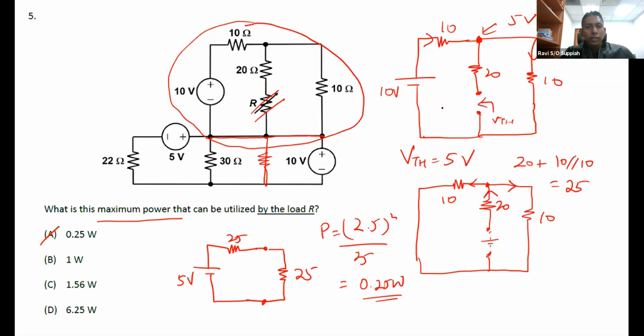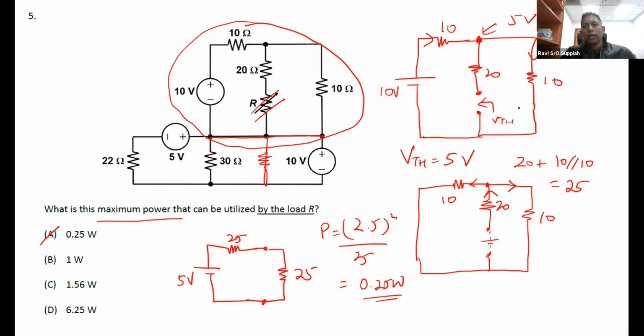How do you know which end is positive or negative? In this case, for Thevenin's equivalent, you are just trying to find the voltage with reference to the ground in the circuit.